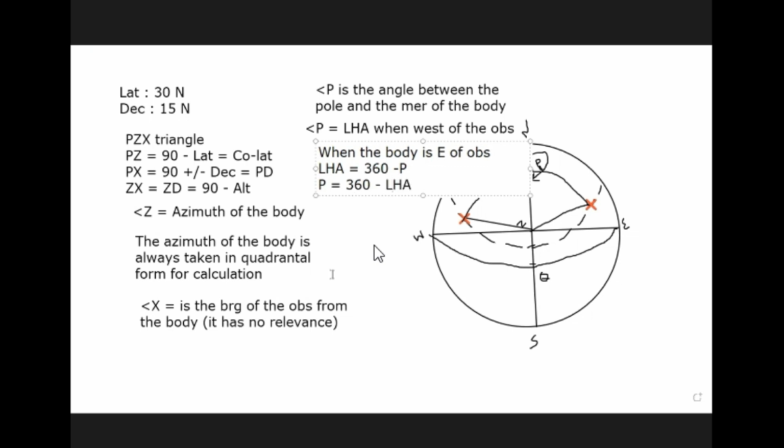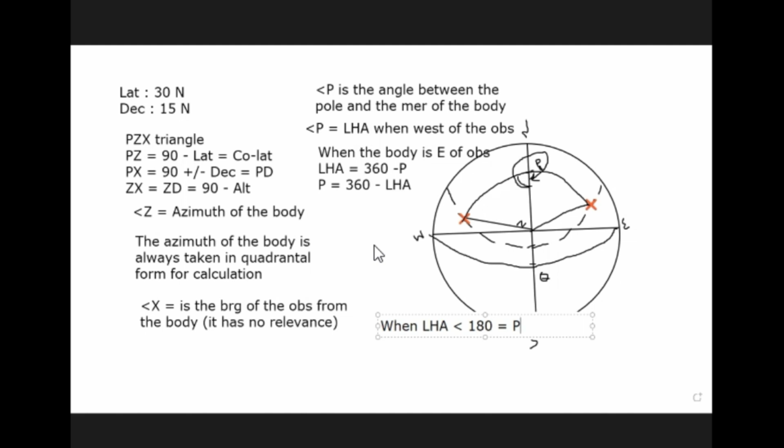If you are calculating the LHA, you can get the P. So we have seen that when the body is east and west, we can also say when LHA is lesser than 180, it is equal to P. Because up to 180 it will be on the west, after 180 only.